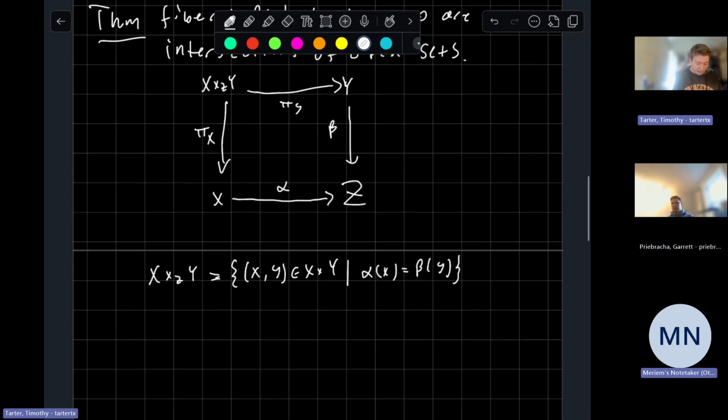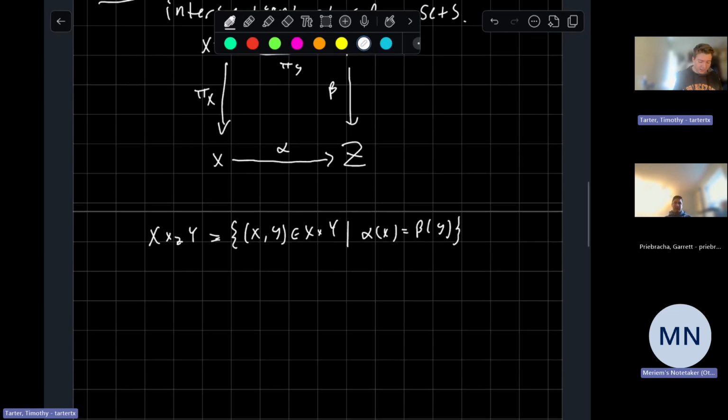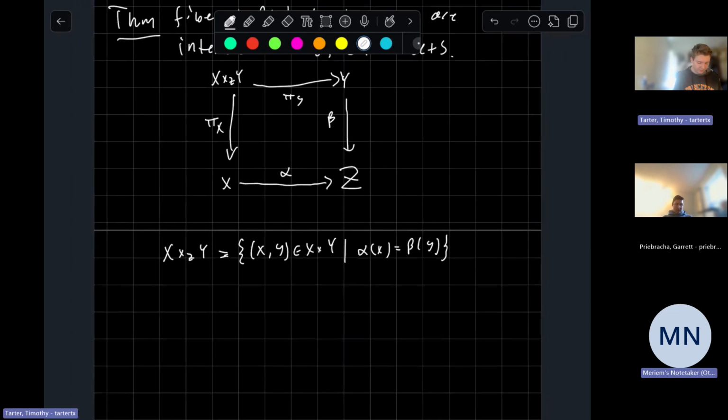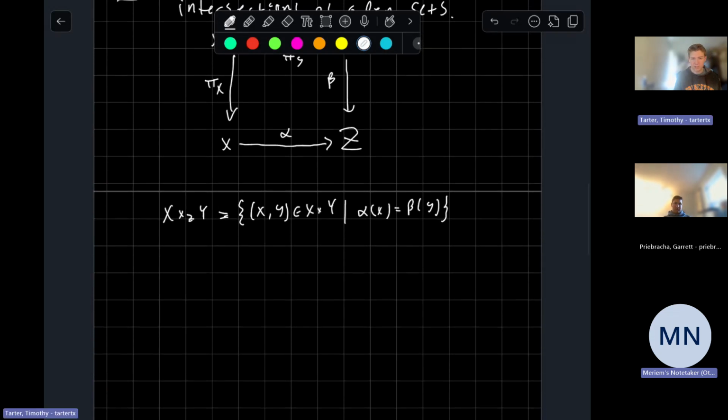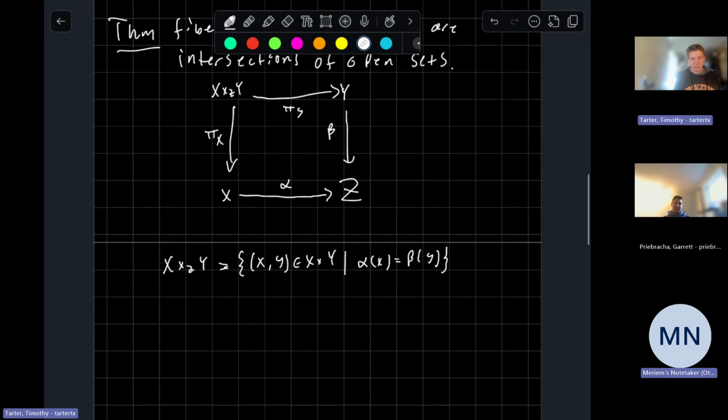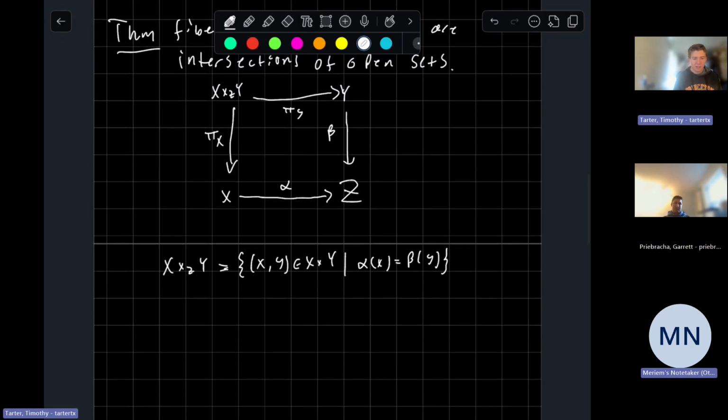And so because it's continuous, we're saying that the fibered product is where the images of open sets are the same. And so these are really intersections in Z of open sets which are the same, right?